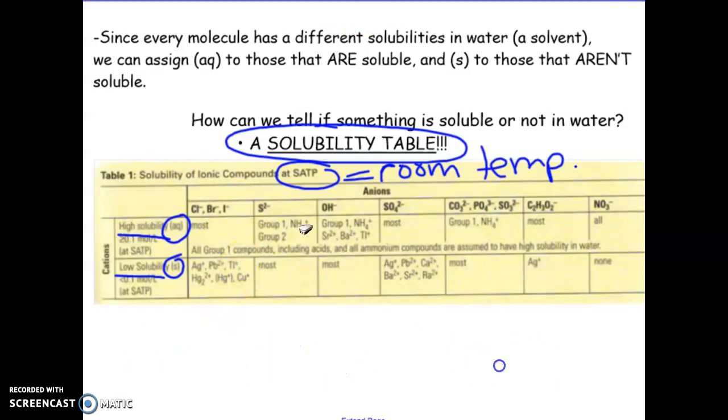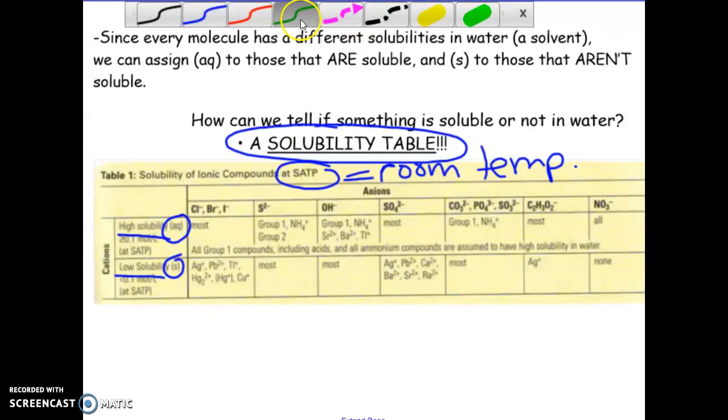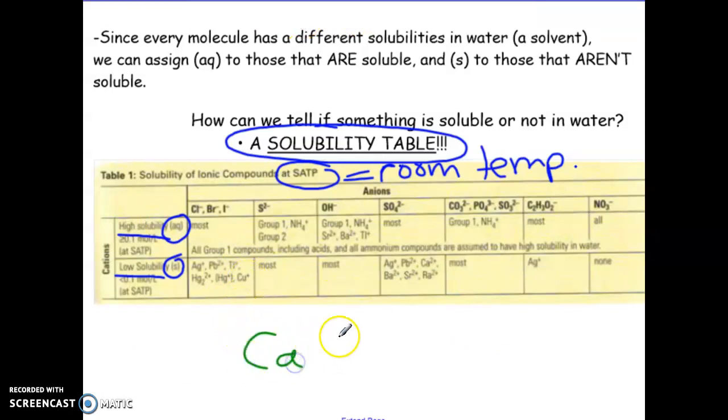So for example, let's say we were looking at calcium sulfide, right? We'd make sure we're looking in the sulfur column, okay? We don't care about any other column because we're dealing with sulfur. And I would check to see, well, does calcium fall under the top row or the bottom row?